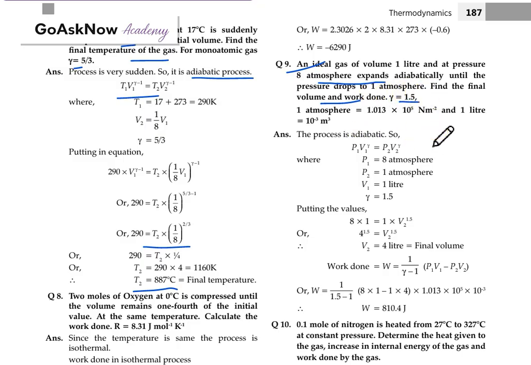As the process is adiabatic, we substitute in the equation P1 V1 to the power gamma equals P2 V2 to the power gamma. Putting all the values, we get V2 equal to 4 liter, which is the final volume. We also know the work done equation for the adiabatic process: W equals 1 upon gamma minus 1 times P1 V1 minus P2 V2. Here we get the value of W, which is equal to 810 minus 4 joule.